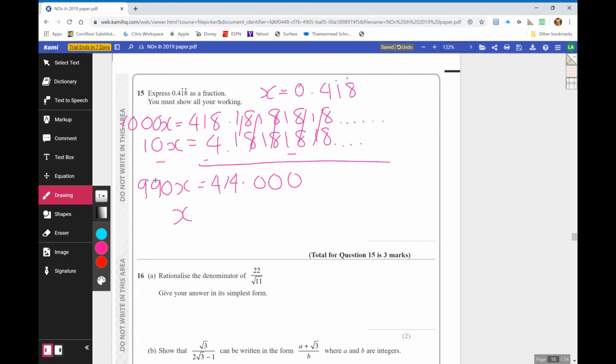So x must equal 414 divided by 990, and then simplify that. So I can halve it, so you end up with 207 divided by, where are we, 450.